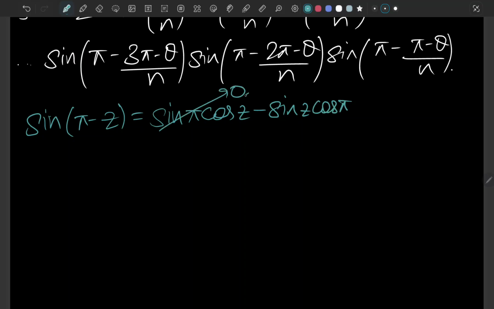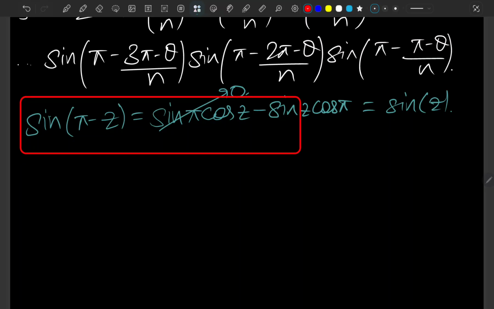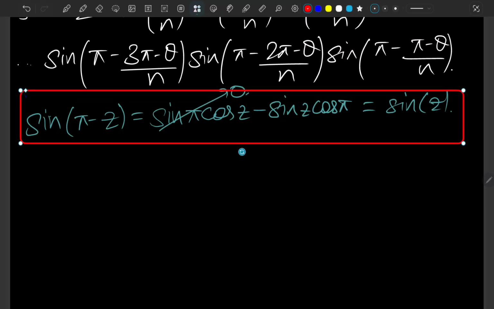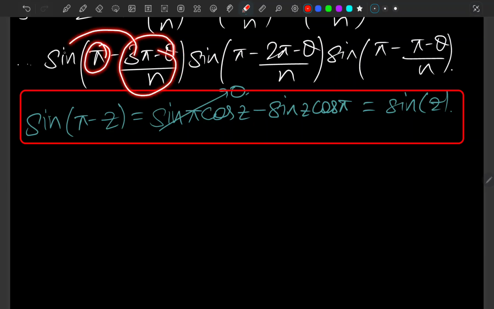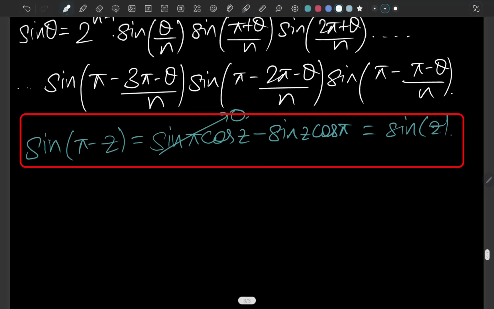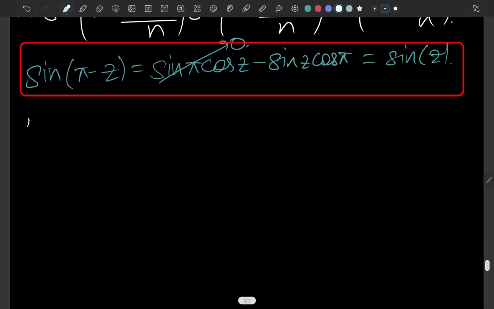This is 0 because sine pi is 0 and cos pi is -1, so that's going to give us sine z only. So instead of pi minus this argument, we can just write this argument only along with sine. From this identity we have proved this. Yeah, it's pretty fine.